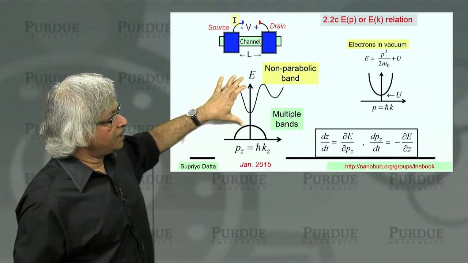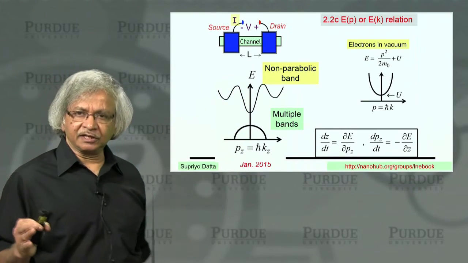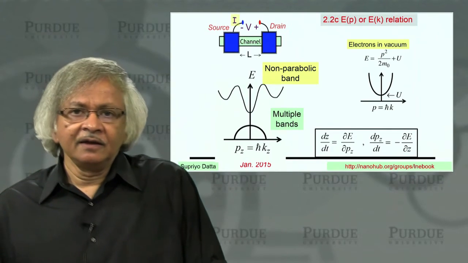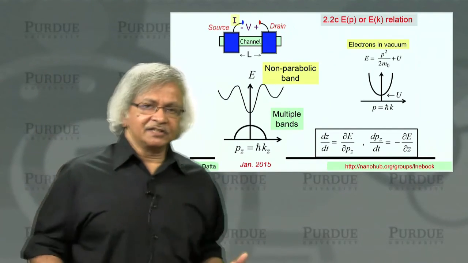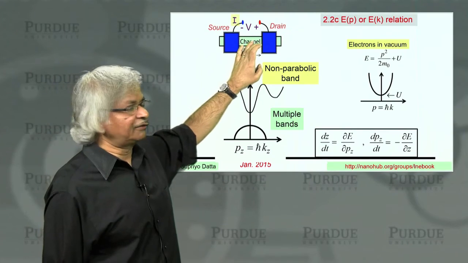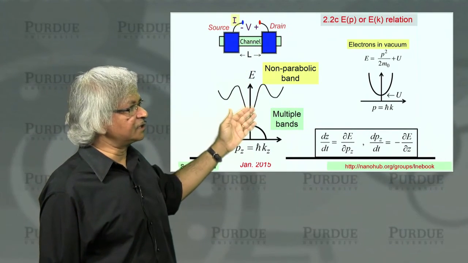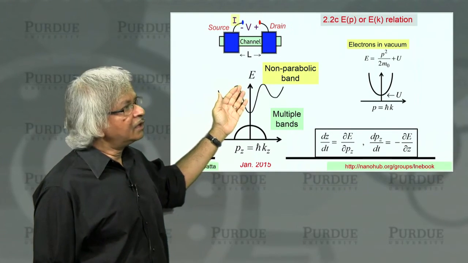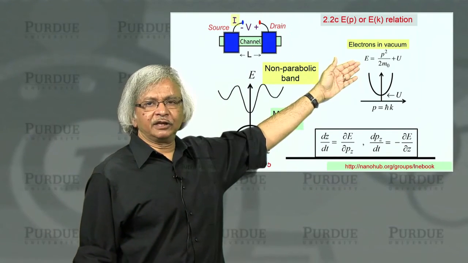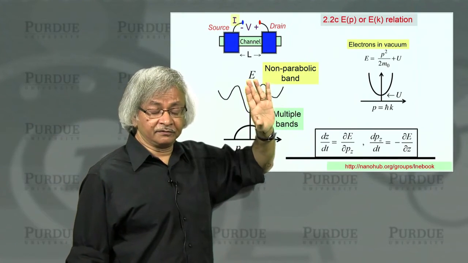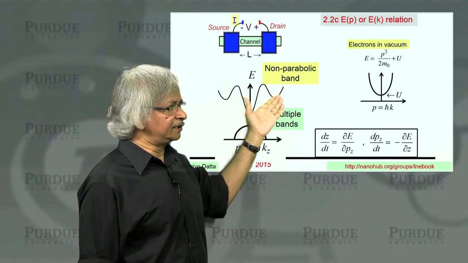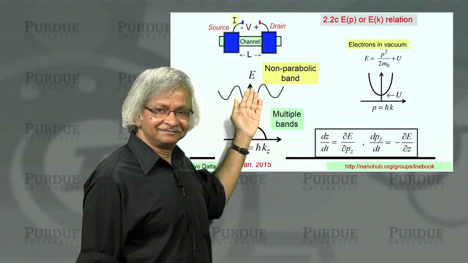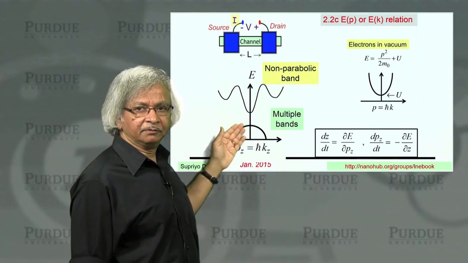So in general, what I'm asking you to accept, without going into the quantum mechanical basis for this, is that you can describe electrons in a solid in terms of these general energy momentum relations, which are a little bit like that of electrons in vacuum, with two important differences. One is that the shape can be quite strange, and the other is that you could have multiple bands.